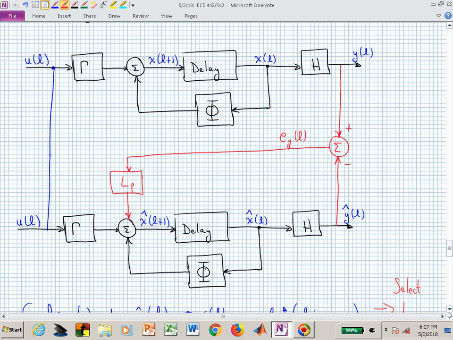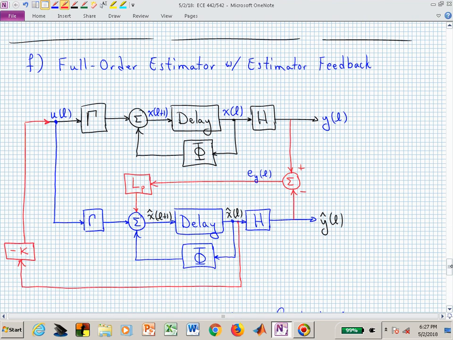It's 8th order. But this has what kind of dynamics? Is this slower or faster than this set? And does that question even make sense?